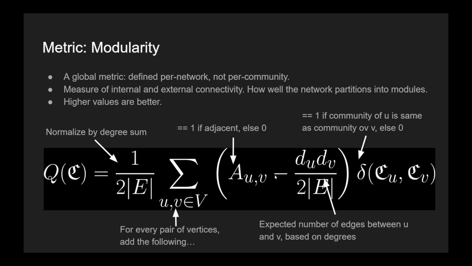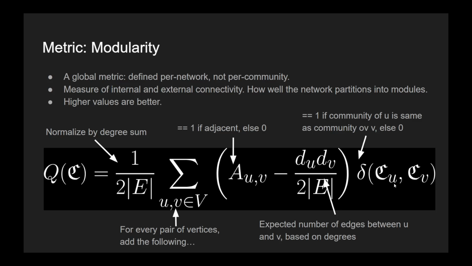And then you're going to subtract from that the 2 degrees multiplied by each other. So degree of U times degree of V divided by 2 times the number of edges. Finally, this term out here is called the Kronecker delta function, and it's going to be a value of 1 if the nodes are in the same community.